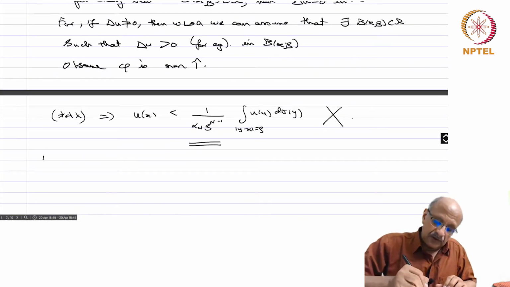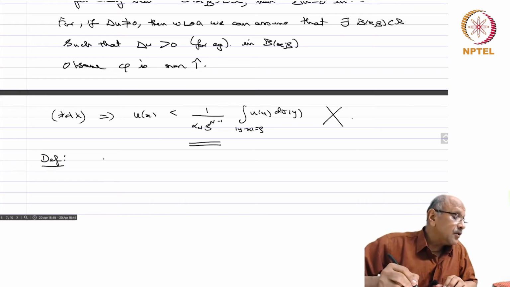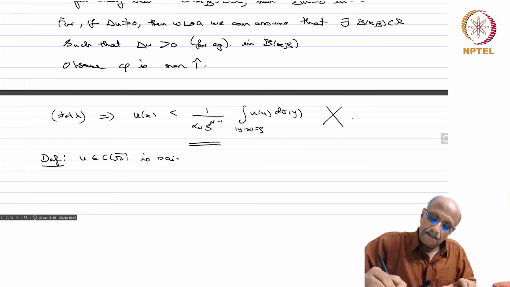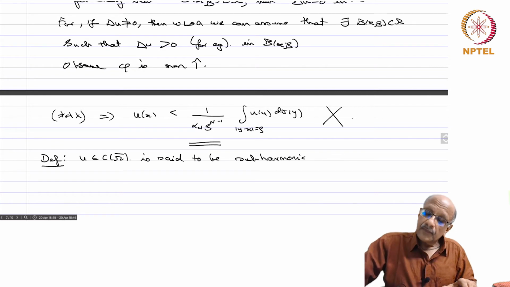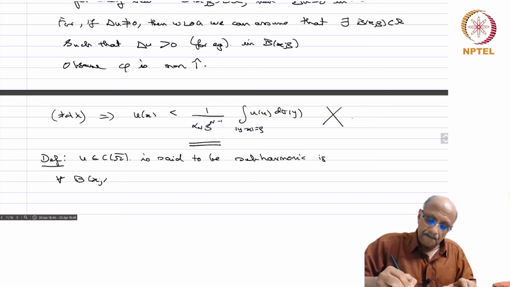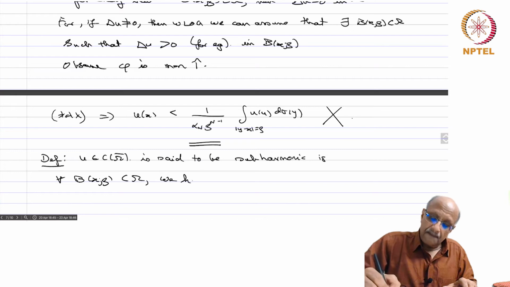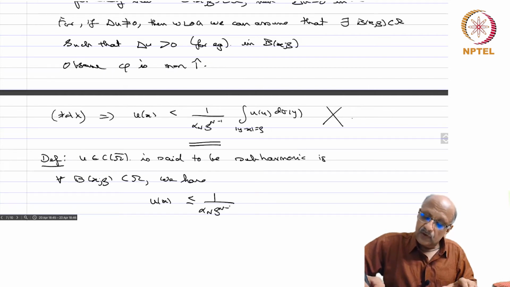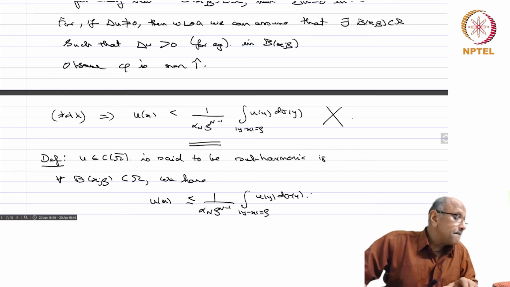Okay, so we have a definition at this point. You say that u in C(Omega bar) is said to be sub-harmonic, respectively super-harmonic, if for every B(x, rho) contained in Omega we have u(x) is less than or equal to 1 by alpha_n rho^(n-1) times the integral over |y - x| = rho of u(y) d sigma(y).